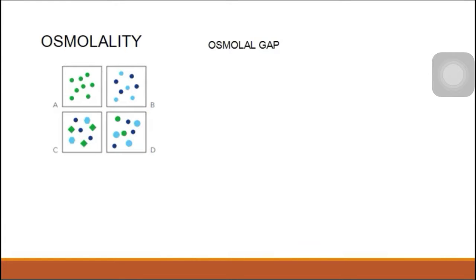We also have osmolar gap. When we say osmolar gap, this is the difference between the calculated osmolality and the actual measured osmolality. An approximation of serum osmolality can be calculated.